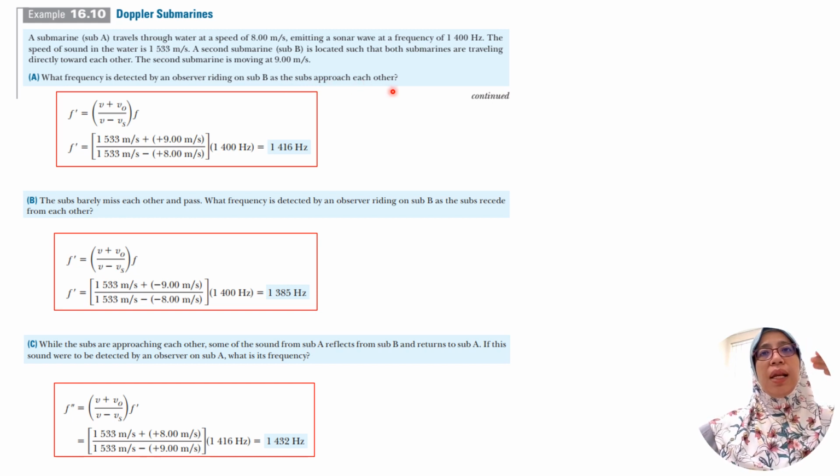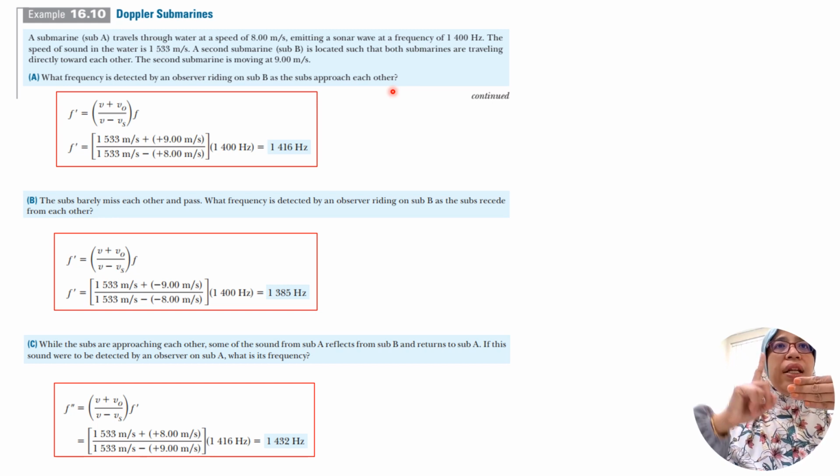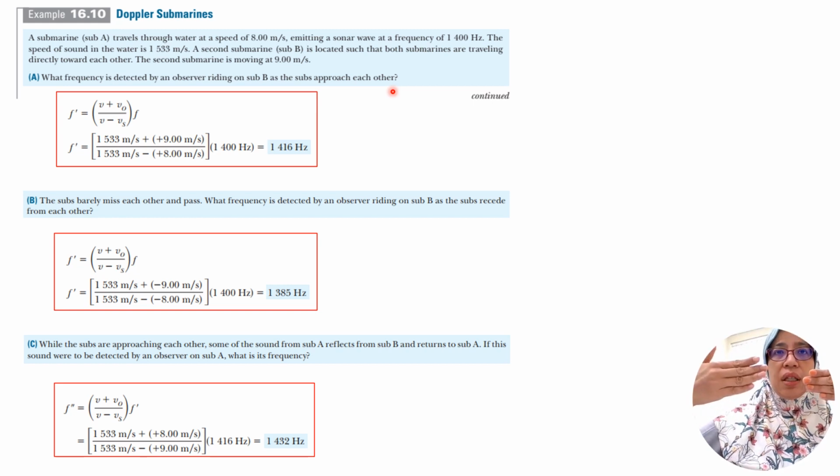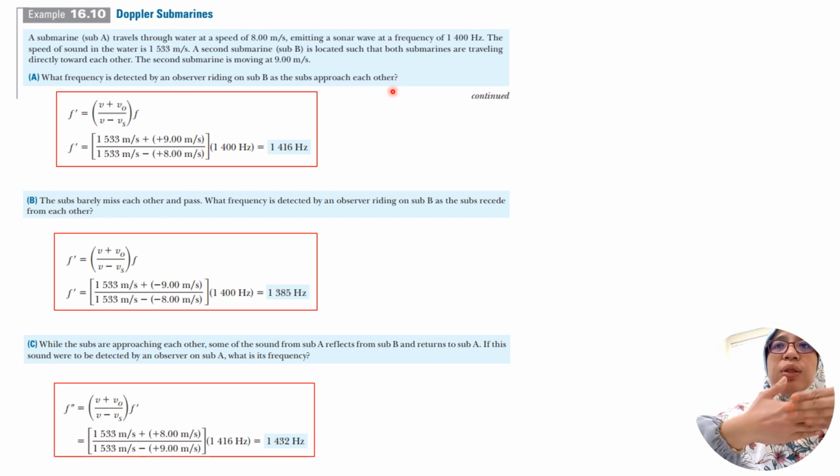So let's assume my left hand here is submarine B and this is the observer. And this is the source. The right hand is the source, which is emitting a sonar wave of a frequency 1400. So by right, when we are moving this way, both are towards one another.